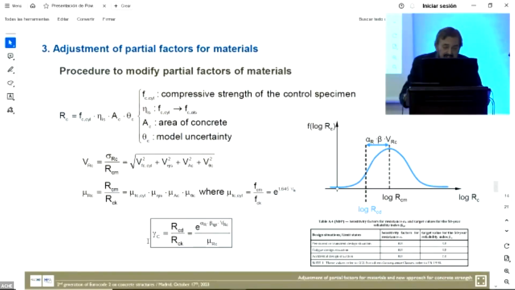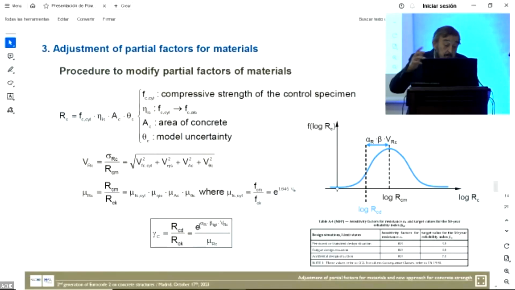And finally, the partial safety factor is related with alpha R, the sensitivity factor of resistance. That means this is the part of the reliability that is supported by the material. There is another part supported by actions. Normally it's 0.8. The reliability index normally 3.8.